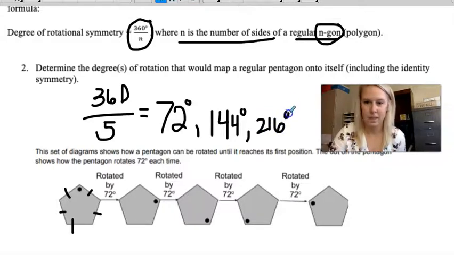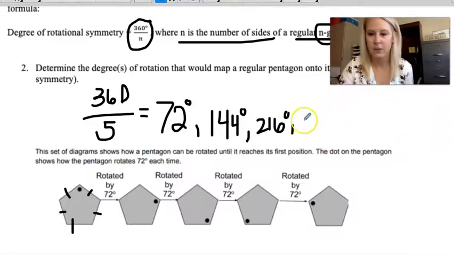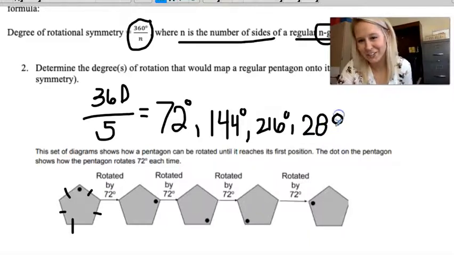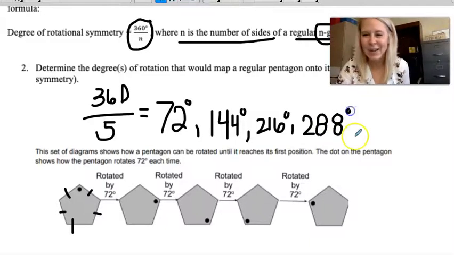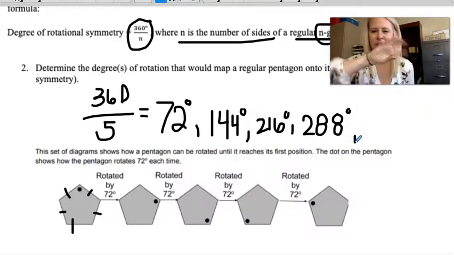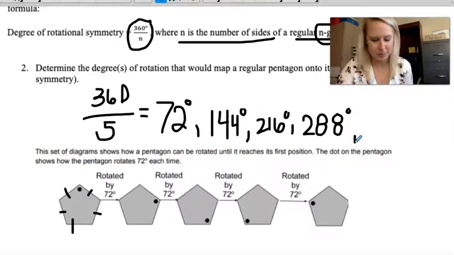Okay, I'm going to add 72 to that again, or do 72 times 4, and get 288. Wow, it is really hard to write. Okay, and then if I go 72, 72, 72, 72, and so on, I get back to 360.